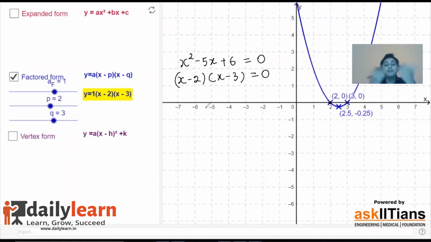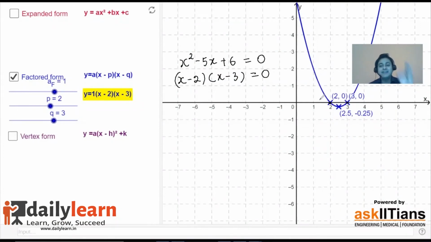We have a different form altogether, that is the factored form. We have two factors here, and you can judge that at x = 2 and at x = 3, the polynomial or the graph will attain 0, and that is nothing but the zero of the polynomial, isn't it?